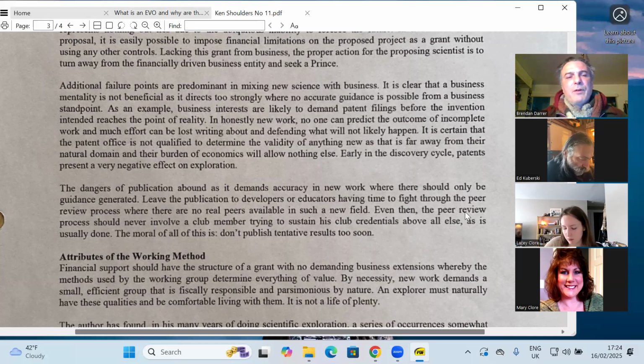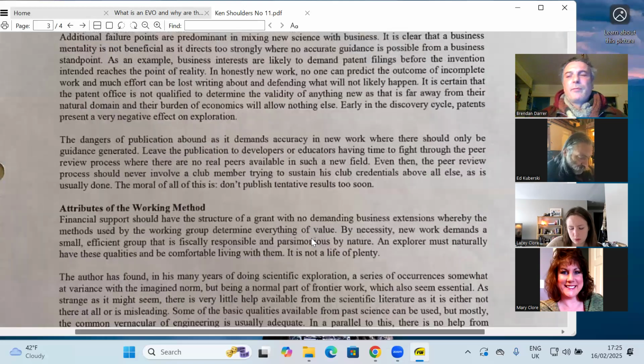Even then, the peer review process should never involve a club member trying to sustain his club credentials above all else, as is usually done. The moral of all of this is don't publish sensitive results too soon.